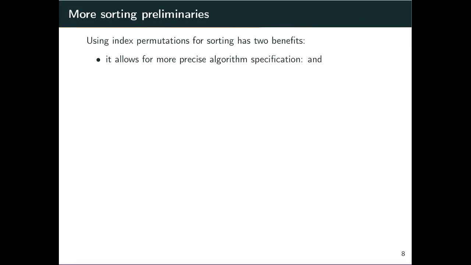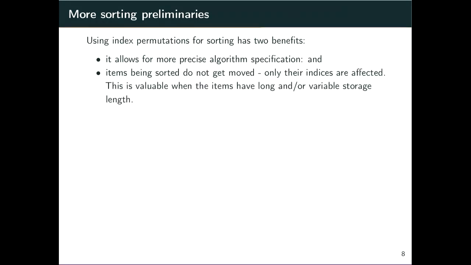So the whole point of these index permutations is, you're going to be writing loops, and the index is going to be changing, and you don't want to be playing around with the objects themselves when you're moving around. It's easier just to work with the numbers. So it allows for a more precise algorithm specification.